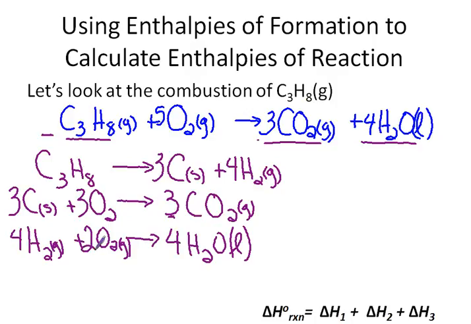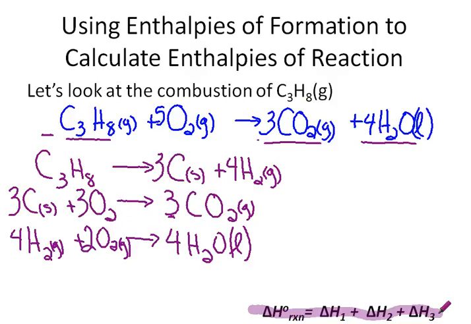Now, we have to figure out what is the enthalpy of formation for those, all right? And that's where we go back and look at that table. So I'm not going to head back to the table. You head back to the table. But what we're going to do is add up, just like this, the delta H for the reaction, which is going to be all of those enthalpies, okay?